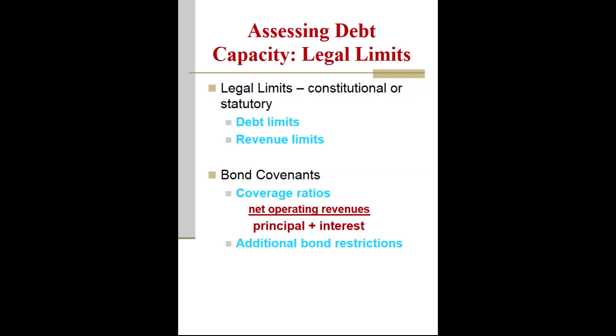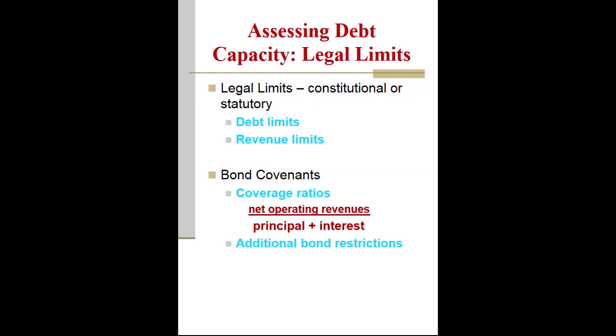For example, in the official statements that are used to inform investors, the government may promise to do certain things. For example, when you have revenue bonds, bonds that are secured by a specific revenue source, a government may commit to a particular coverage ratio, which is net operating revenues divided by principal plus interest.